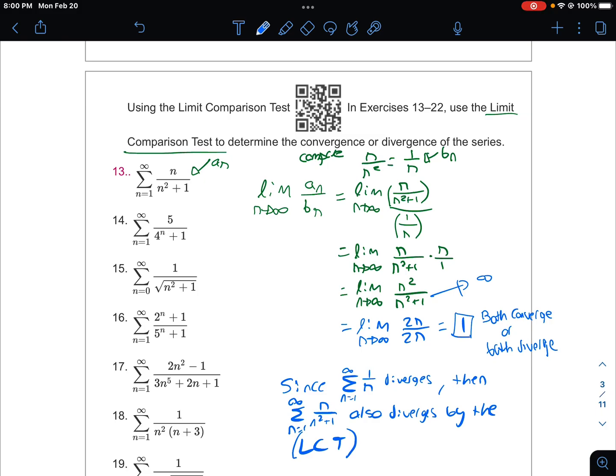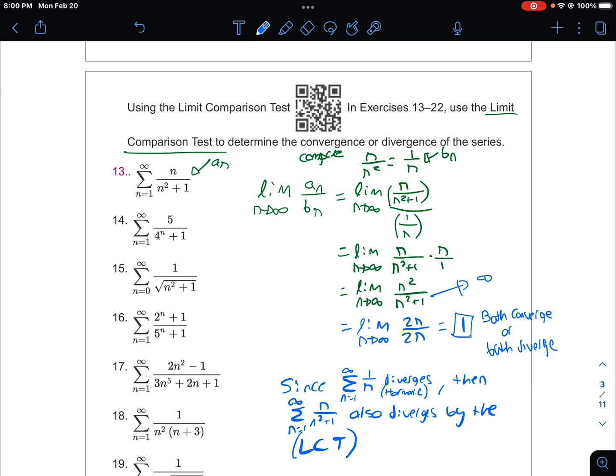Why does 1 over n diverge? This is the harmonic series, or the p-series where p is equal to 1. You can simply state that it's a p-series where p is equal to 1, or you can just say it's harmonic. Either one will work on the AP exam.